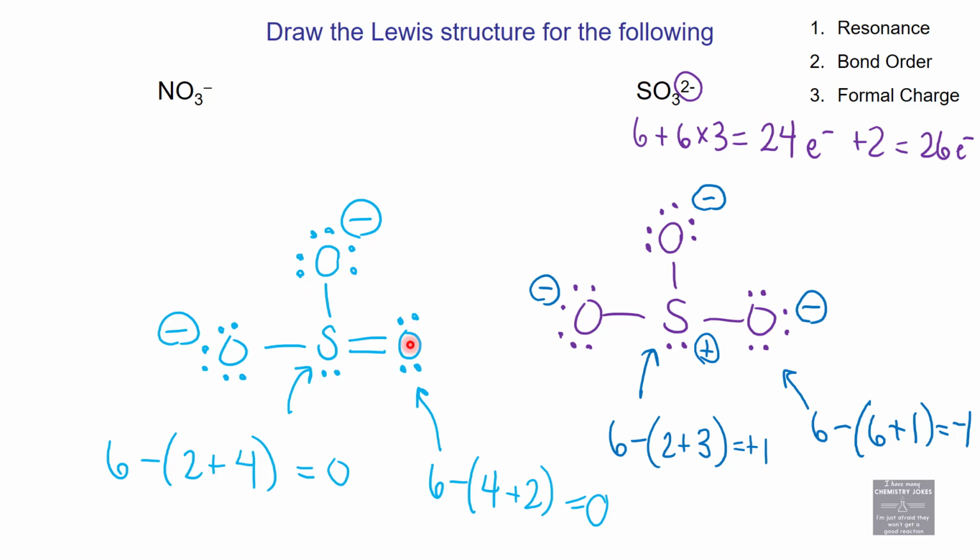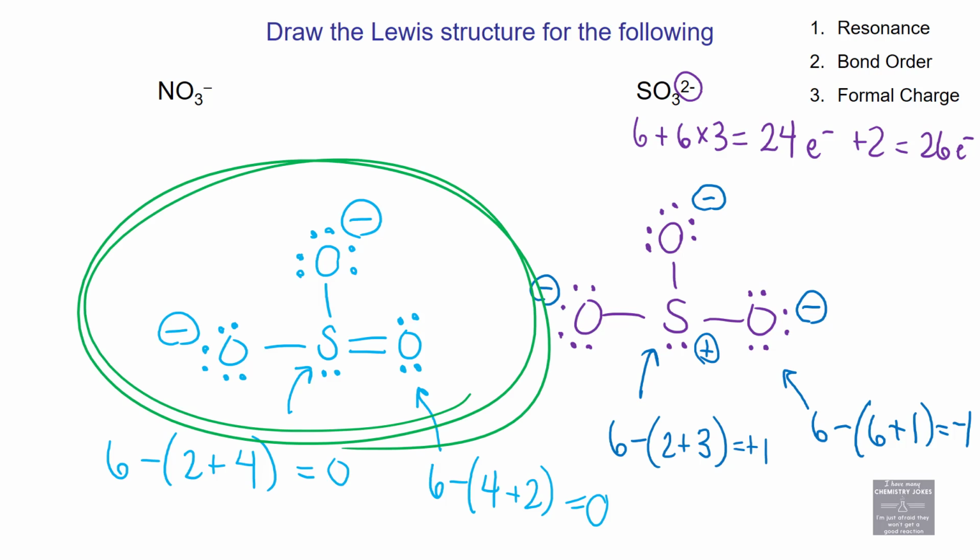The blue structure is a better representation of SO3 2- sulfite because it minimizes formal charges. You're still going to have a -2 because the overall structure has to have a -2, period. But you get to cancel out 2 of these formal charges by showing sulfur having an expanded octet. So the blue structure is my winner chicken dinner. This one is the good one.